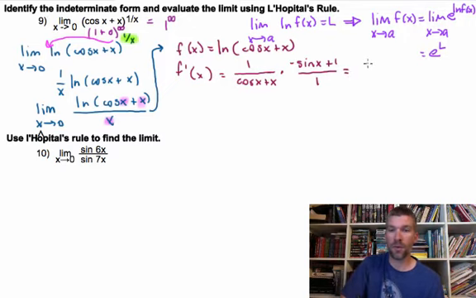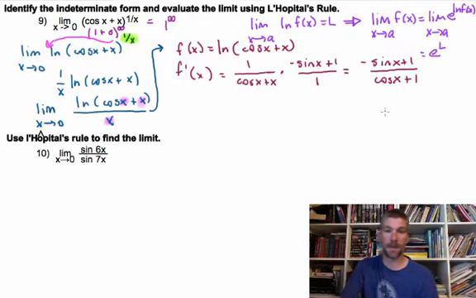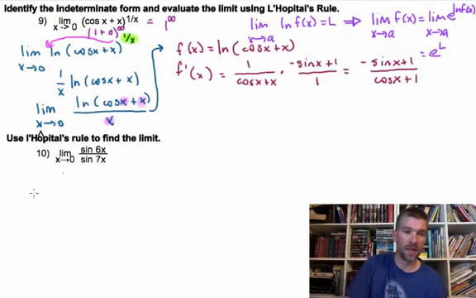And so I end up with negative sine x plus 1 over cosine x plus x. Okay? Now dealing with the denominator, that's just the x part. So g of x would be equal to x.